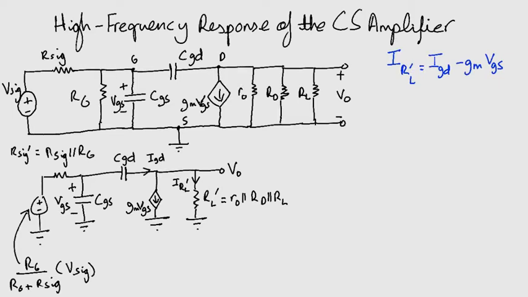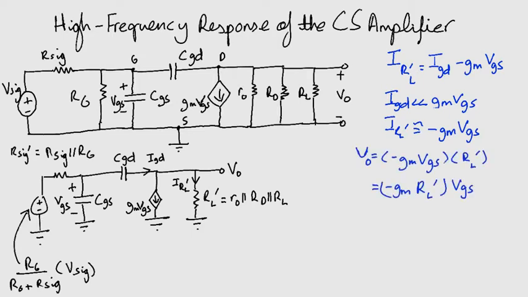Now, at very high frequencies, it is reasonable to assume that IGD is much smaller than GMVGS. So, IRL dash is approximately equal to minus GMVGS. Now using that, we can write the equation for V0 as minus GM RL dash VGS.